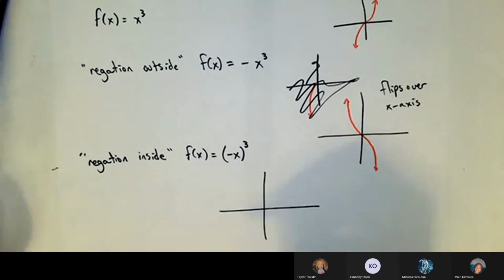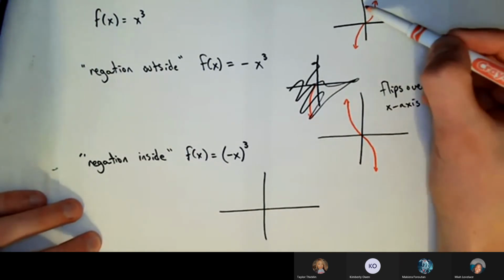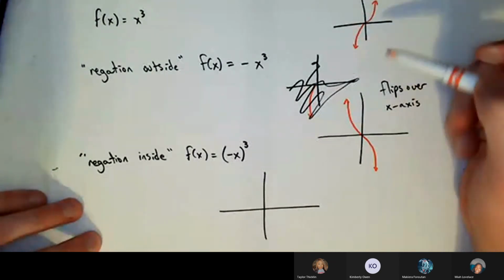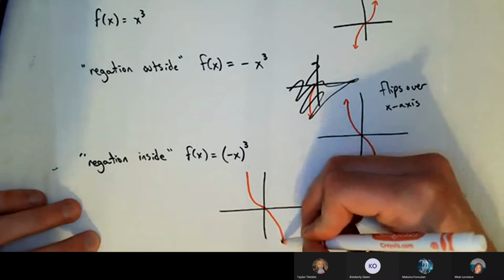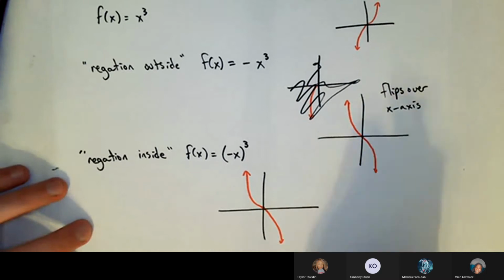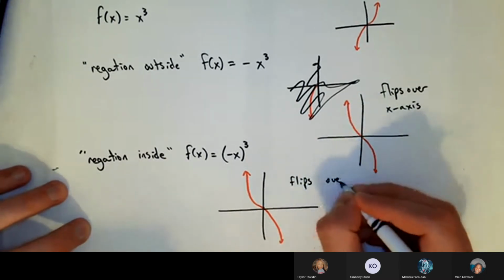So here we're flipping over the y-axis, so taking this base graph and now rotating it around the y-axis. So this leg flips over here and this leg flips over here. So it looks the same as flipping it over the x-axis, but that's only because this is a special kind of graph that is an odd function. That was one of the defining features of an odd function, actually.